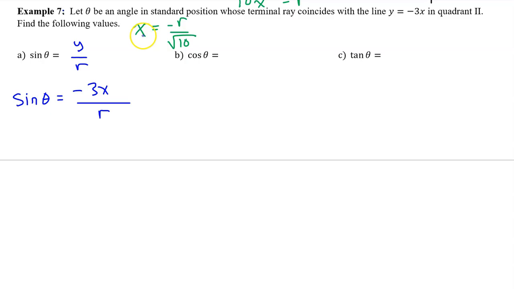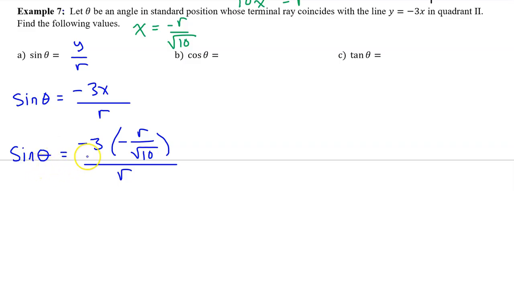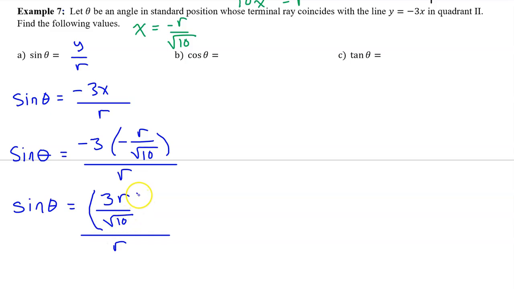But we just found that x is negative r over the square root of 10. So sine theta becomes negative 3 times negative r over the square root of 10, all divided by r. A negative times a negative is a positive. So we end up with sine theta equals 3r over the square root of 10, all divided by r.